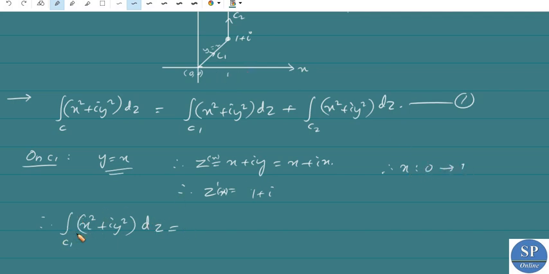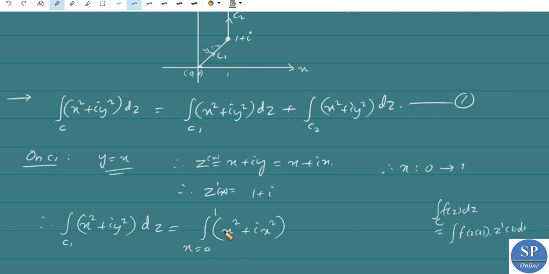So this integral becomes the integral for x from 0 to 1 of x square plus i times y square. Y is equal to x here, so i times x square. The integral of f of z dz over C is equal to the integral of f of z of t times z dash of t dt.